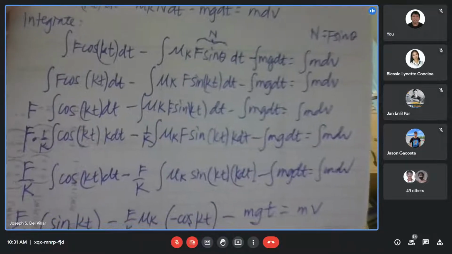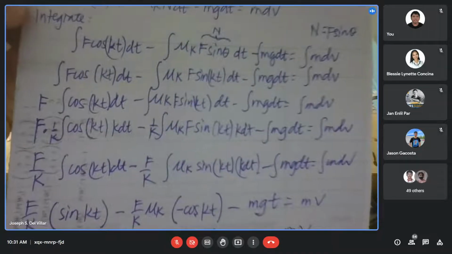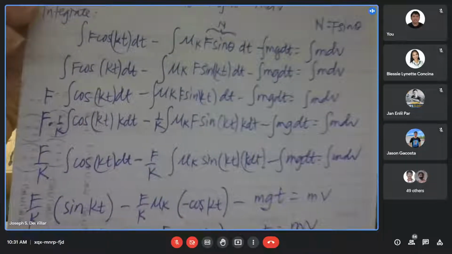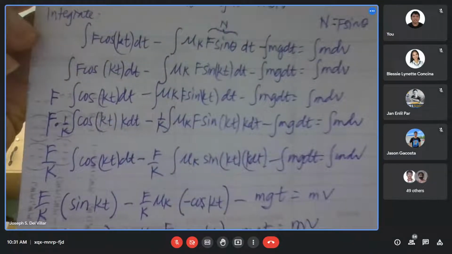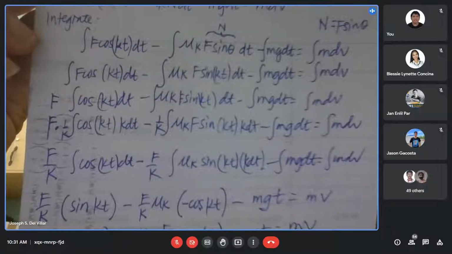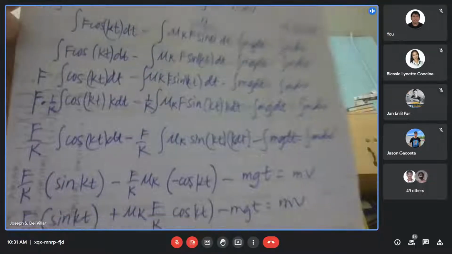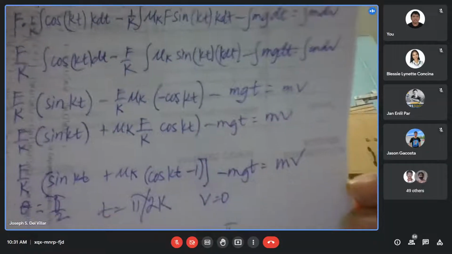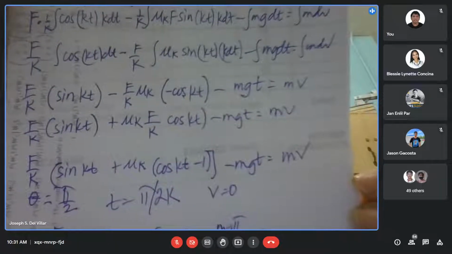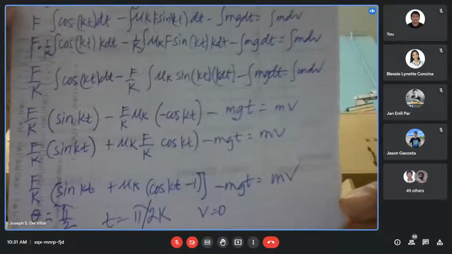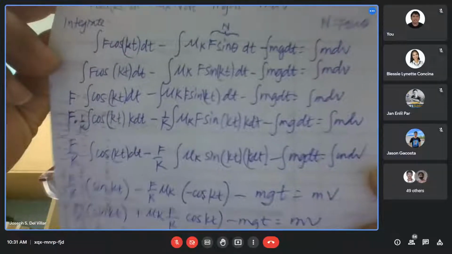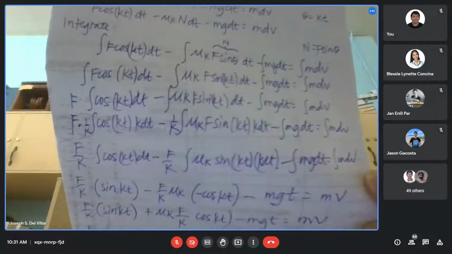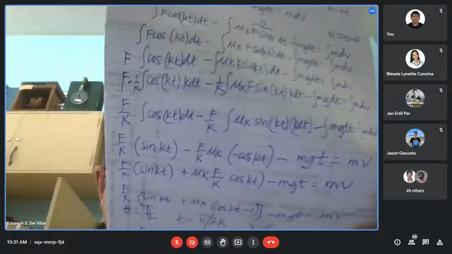So you need to recall integration of trigonometric functions and also the derivative and integral of trigo functions. Okay, so mahaba siya. But you try to practice kung paano ini-integrate, no? Basta ang pinaka-objective is you integrate but you remove dt first. Okay?